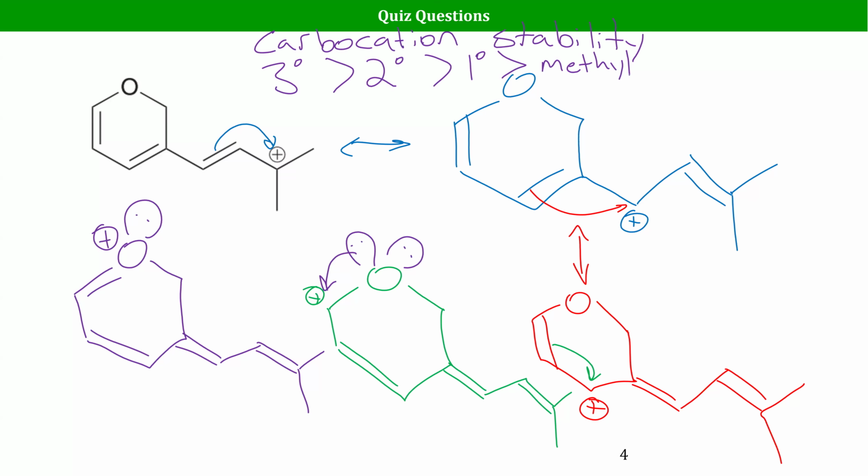What that means is, a methyl carbocation has no other carbons around it. So a methyl carbocation is just CH3 with a positive charge.